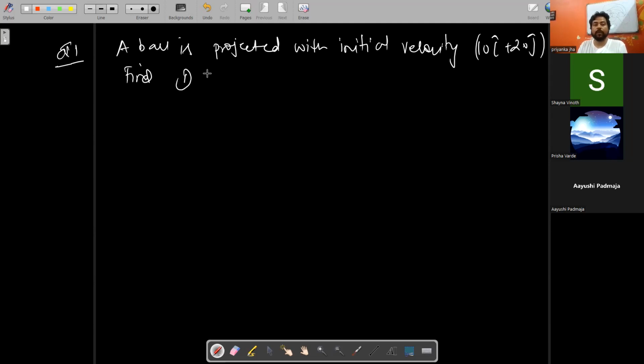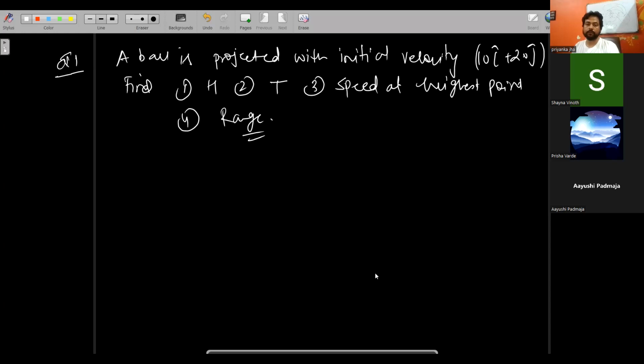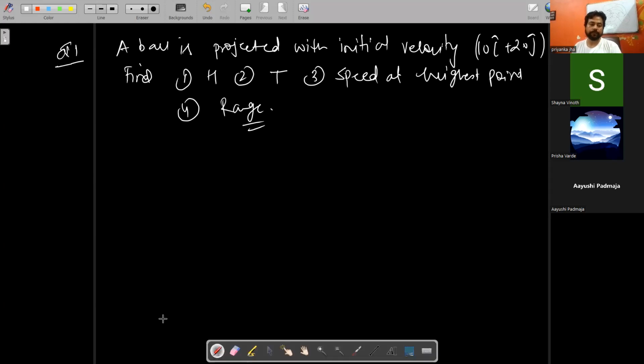Find first, maximum height H; second, time of flight; third, speed at highest point; and fourth, range. Solve it. I give you 2 minutes.